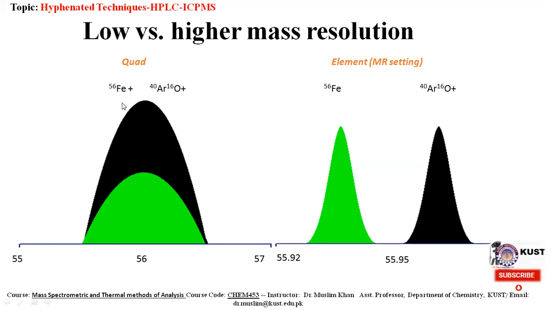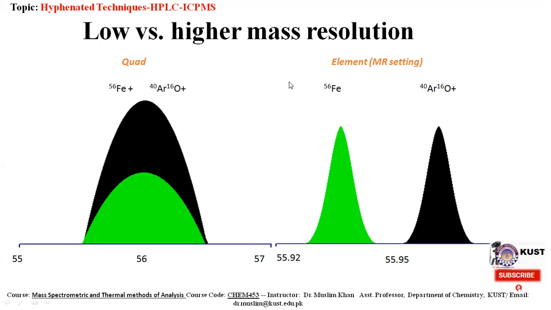But this is misleading information for the scientific society, because you are reporting that this soil sample, for example, has this many ppm of iron present in it, but actually argon oxide is also present in that signal.